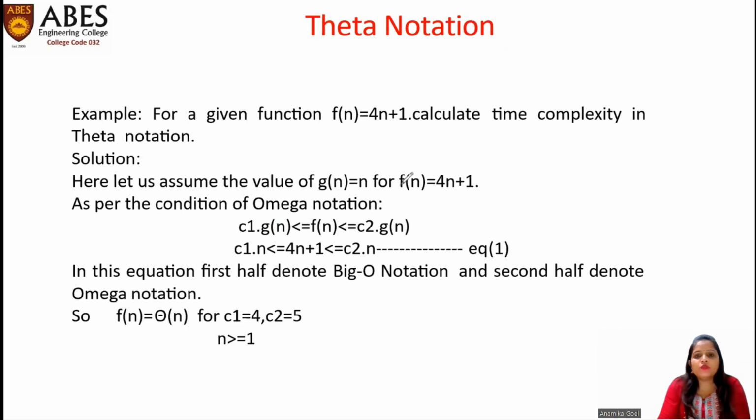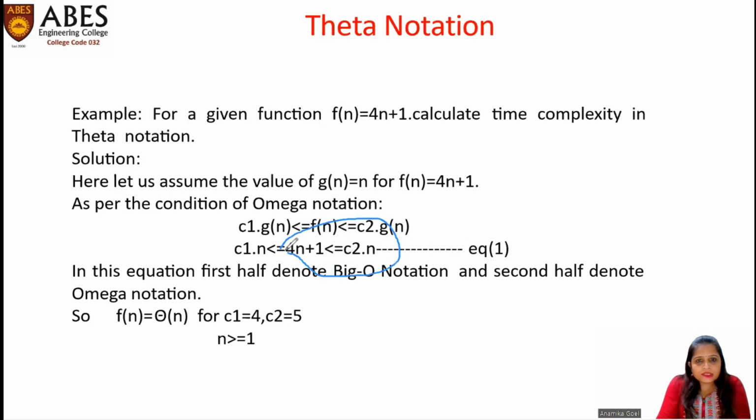Here we put the value of f of n, which is 4n plus 1, and g of n is the highest-order term of f of n, that is n. So c2 times n.